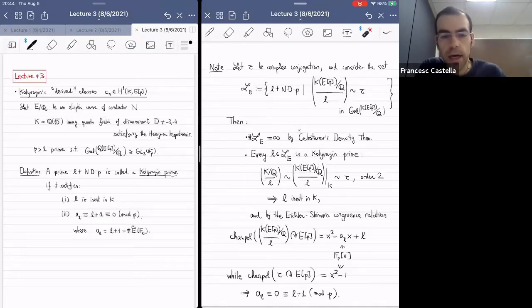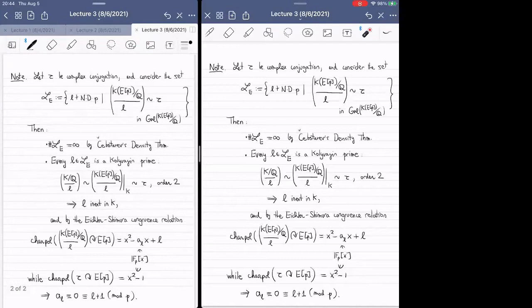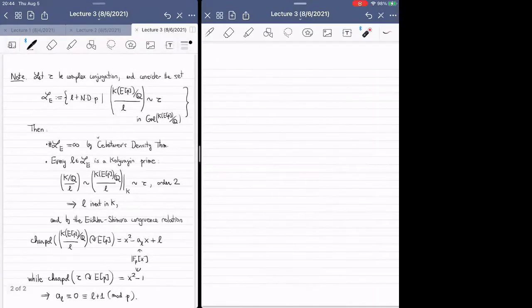Later on, it will be important to choose such Collvagen primes appropriately, and the way we're going to check that we are indeed getting Collvagen primes is by checking that they belong to this set. So, any questions so far? No questions. Please carry on. Okay, thank you.